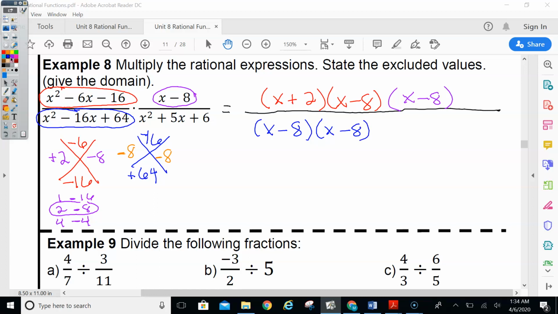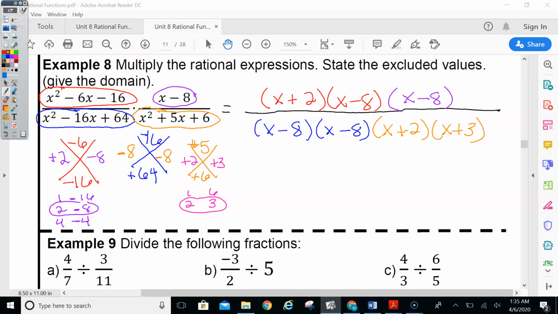And I do the same thing for this one here. So make a little x for that one. Positive 6 to get 5. So this one's going to be, 6 is 1 and 6 or 2 and 3. To make 5, I want the 2 and the 3. So positive 2, positive 3.